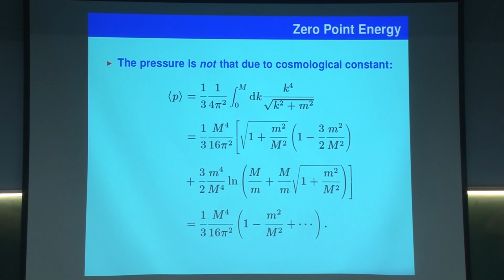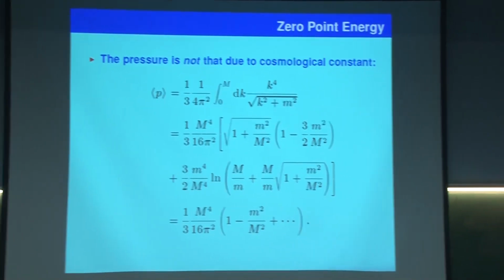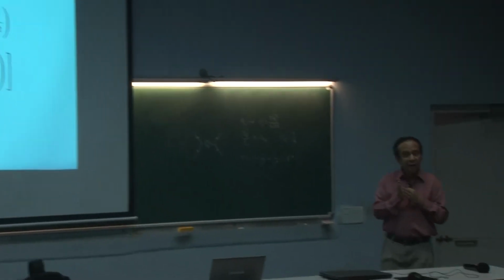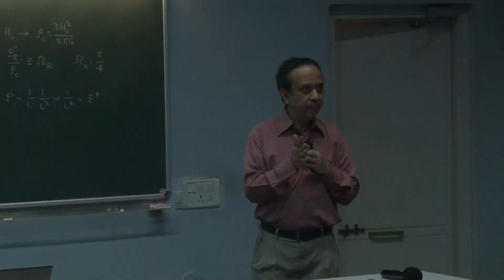There is one more problem. Suppose you are computing the energy momentum tensor of a cosmological constant, or vacuum, you want this quantity to be Lorentz invariant.